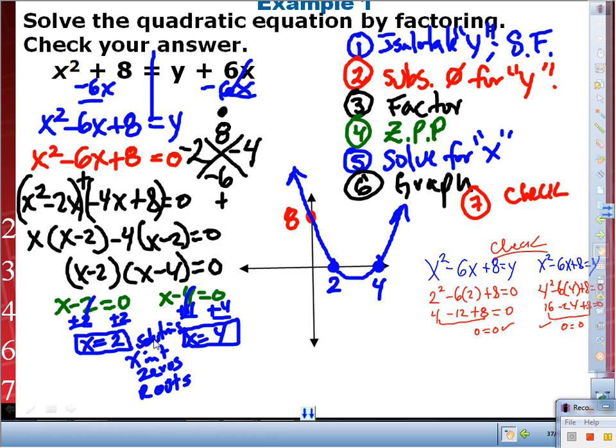Step 5, we solve for x. They're known as what? Solutions, x-intercepts, zeros, and roots. Step number 6, we graph. What do we use to graph? The intercepts, the x-intercept and the y-intercept. And lastly, we check. A lot of points.